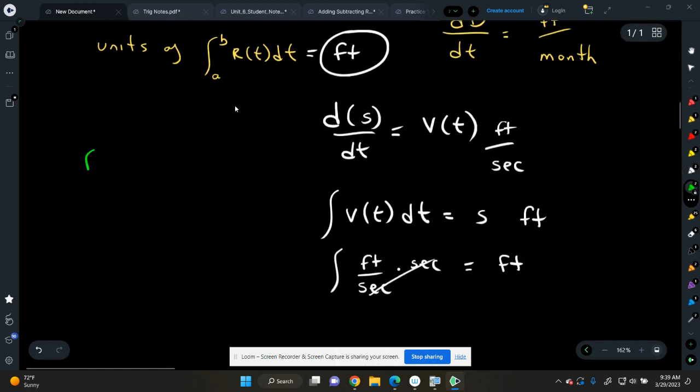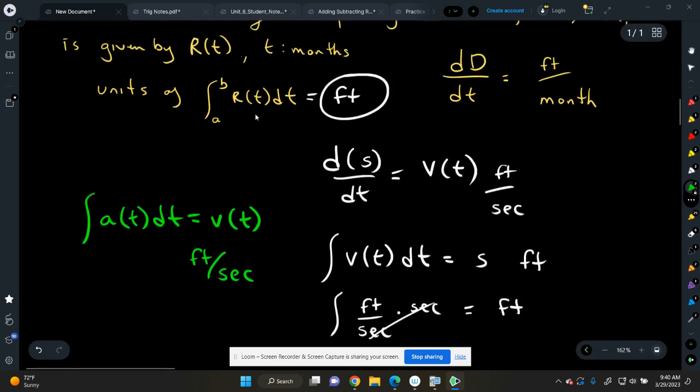What if I were to integrate an acceleration function? What would I get? I would get a velocity function, which is feet per second. Good. Everybody okay with that? The question was asking what the units of this integral would be.